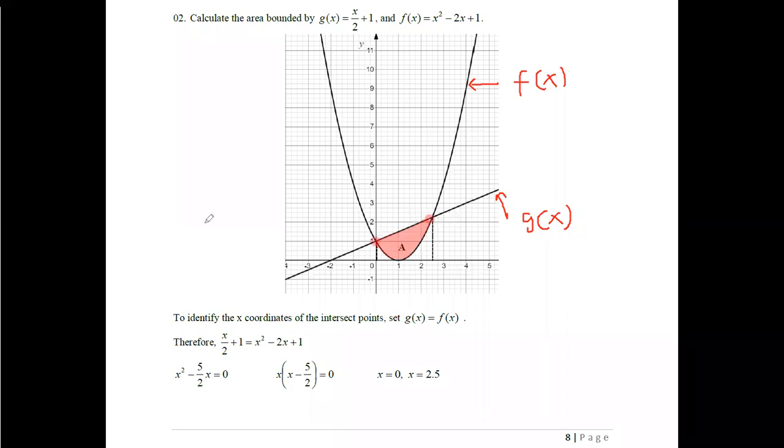It means we can identify the intersection points. If you identify these intersection points, you can mark them here. This will be one point that we need to identify, and this is the next point. Here we just need to take the x values of these 2 points.